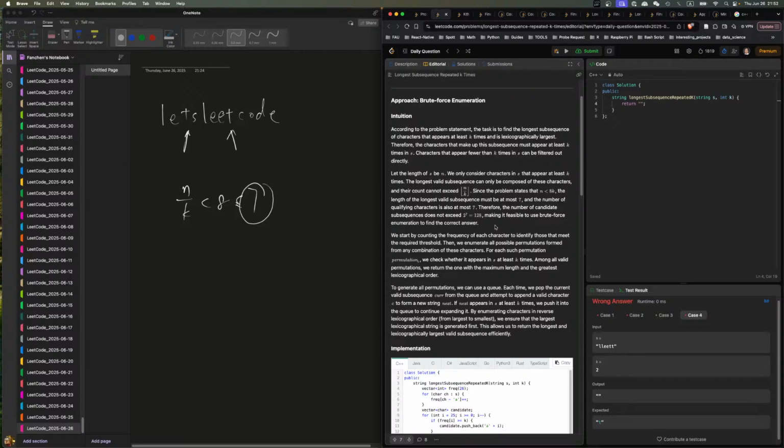Okay, so we have a limit on the size of the subsequence, right? The subsequence cannot exceed a certain length, all right? Then we go through everything, and then we find all the letters that are possible.